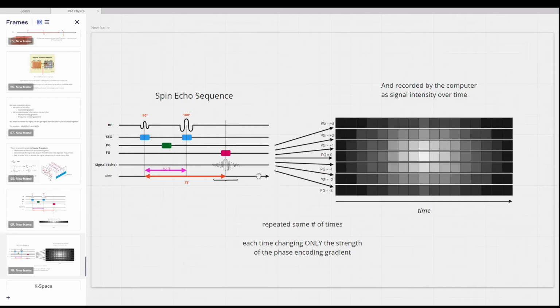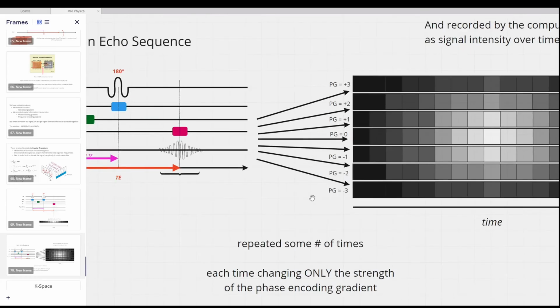So we run our sequence, which we call a spin echo sequence, multiple times, and the only thing that we're changing every time is the strength of our phase encoding gradient, this guy here. We do the same thing again and again and again. Every time, we just add a different phase encoding gradient. And that's kind of what I've diagrammed here.